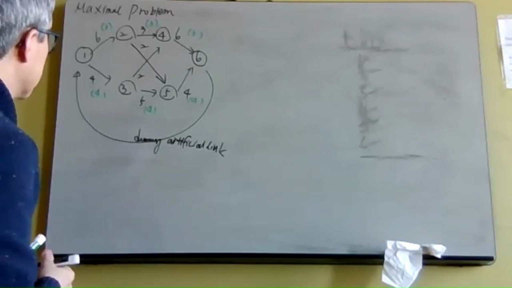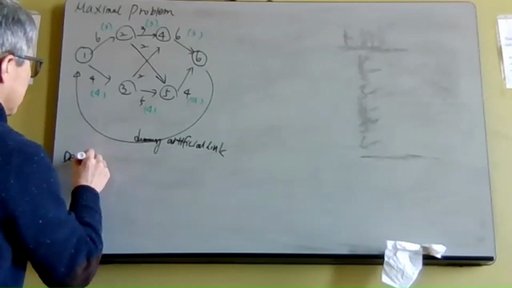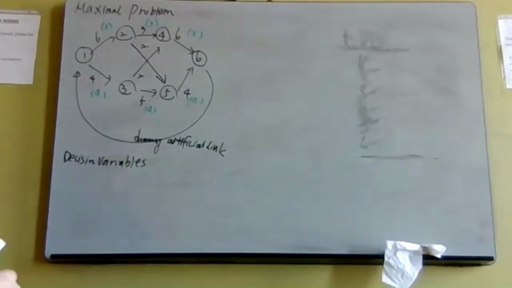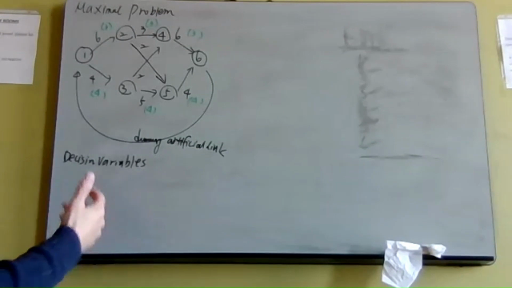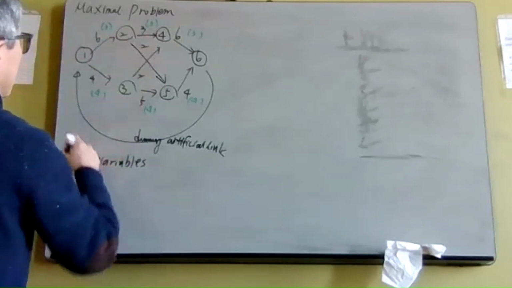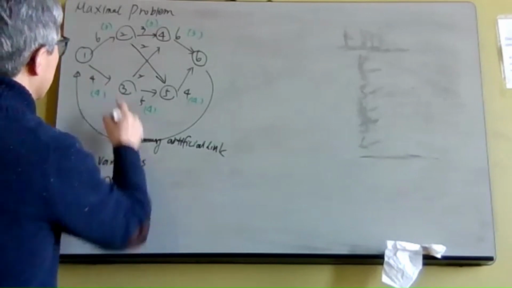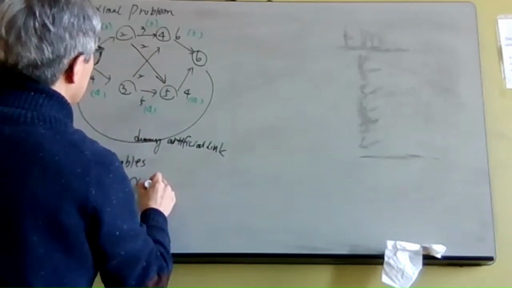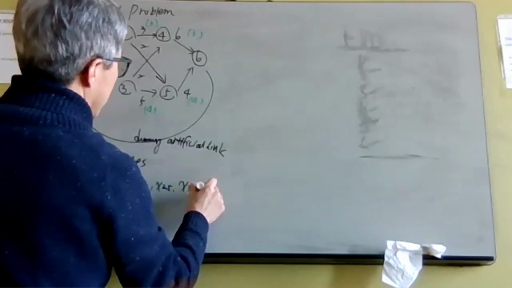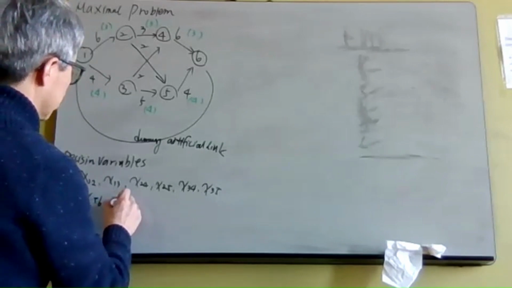So what are the decision variables for this problem? You can assign as much as you can from node 1 to 2. So let's say the flow from 1 to 2 is x12, and then x13, x24, x25, x34, x35, x56, x46.